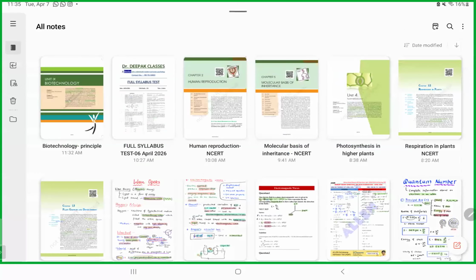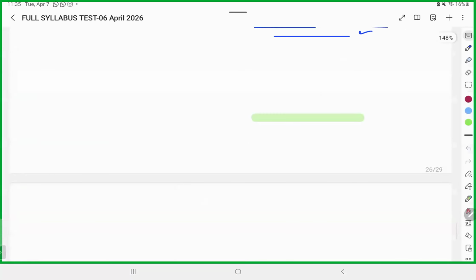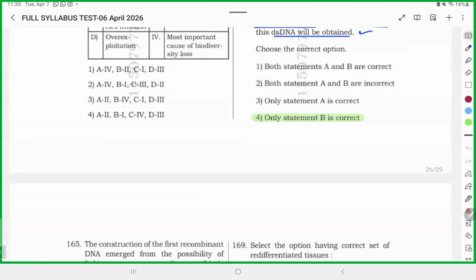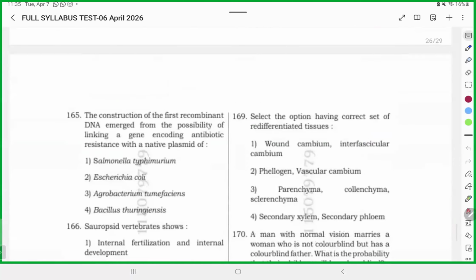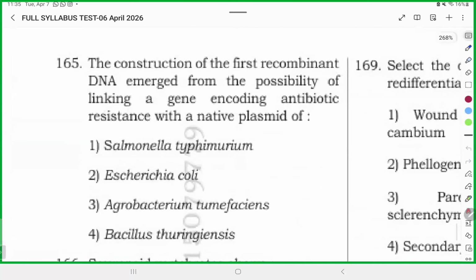Now look at this question. Nirjala, yes, sir. Question 165, option 1.